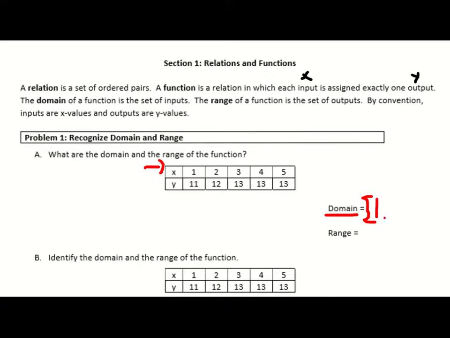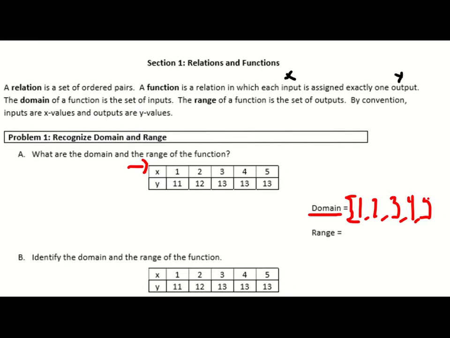So 1, 2, 3, 4, 5. And then I would close that with one of those braces. So I'm just simply listing all the numbers that fell in the x row.